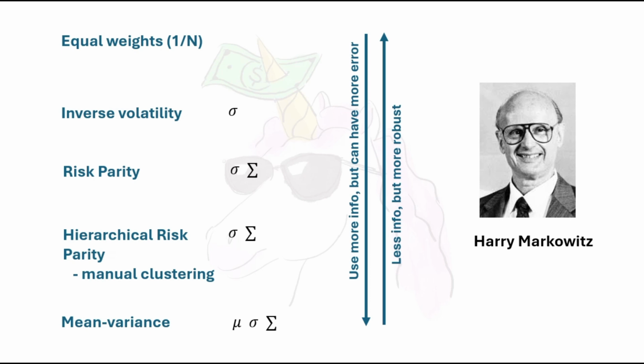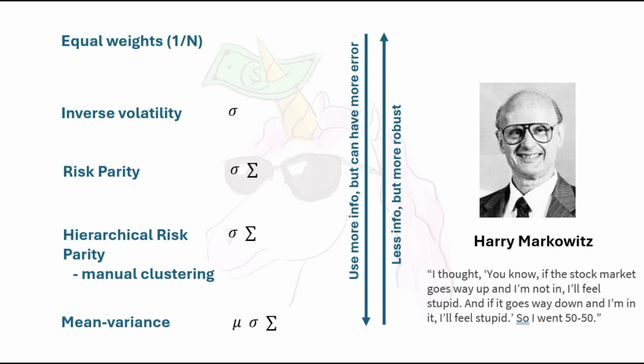Apparently he used an equal weight method for his own retirement portfolio. Here I quote: I thought, if the stock market goes way up and I'm not in, I'll feel stupid. And if it goes way down and I'm in it, I'll feel stupid. So I went 50-50. So here you go, a fun anecdote to finish today's session.